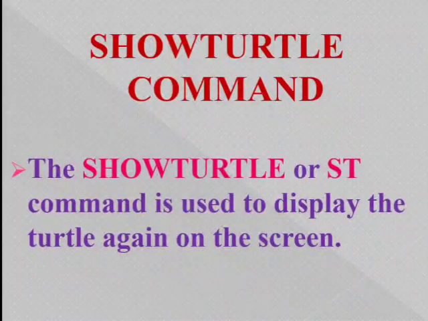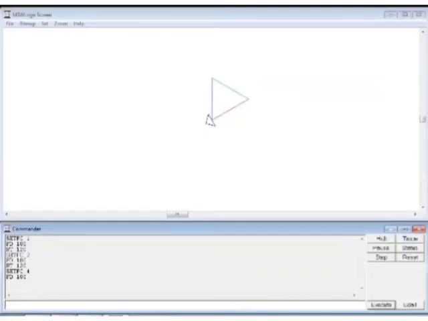Next is show turtle command. The short form of show turtle command is ST. This command is used to display the turtle again on the screen. Students, you can see the last example we have executed.